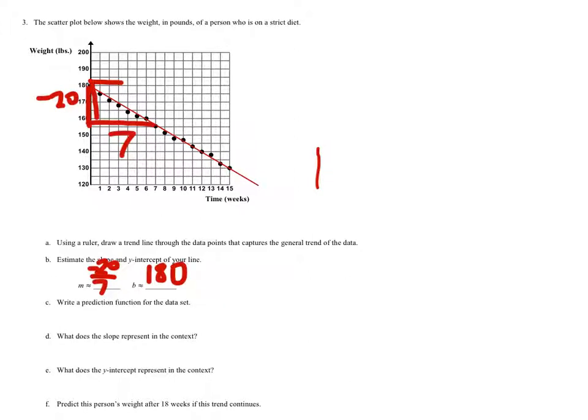And the prediction function would be y is equal to negative 20 over 7 x plus 180.